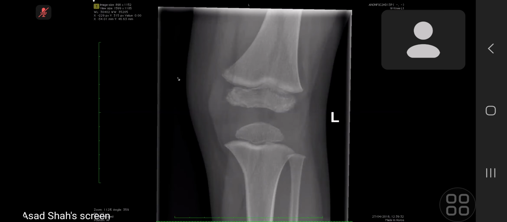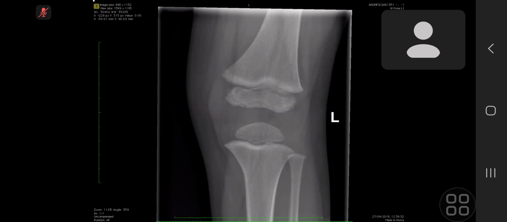Okay, so I can see some sclerotic, dense metaphyseal bands of the femur, and there's a reduction of the epiphysis of the femur.